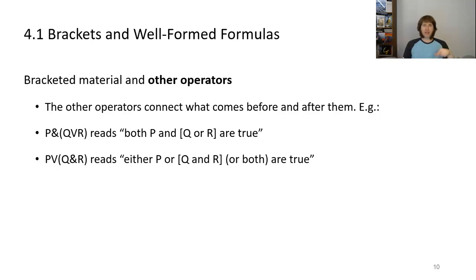In the first instance, it was a conjunction. It was P and (Q or R). So it was really a conjunction that was taking a complex statement as one conjunct. In this next example, we have a disjunction, which is taking a complex statement as one of the disjuncts. So here what we have is the disjunction, which is true as long as one of the disjuncts is true, or both.